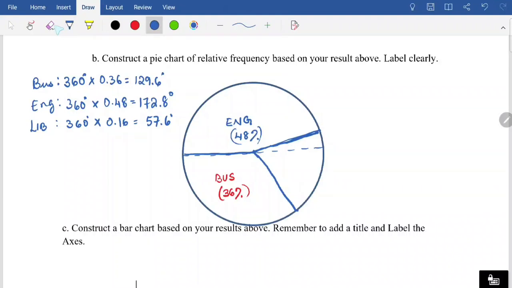Okay, so you don't even need to make any effort to draw it, just erase this line, and we have this as liberal arts, and that's 16%.